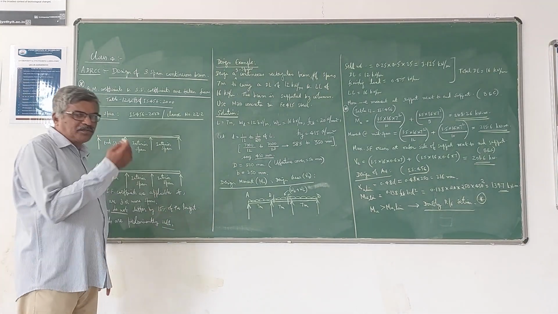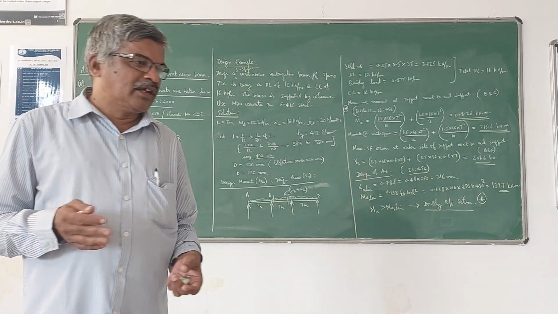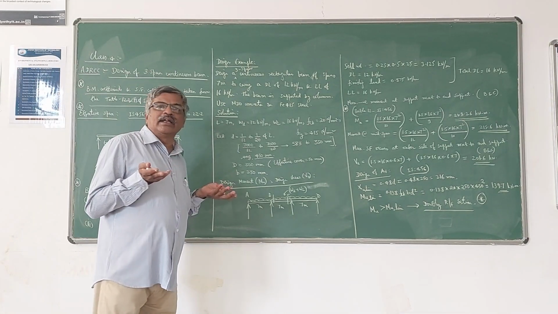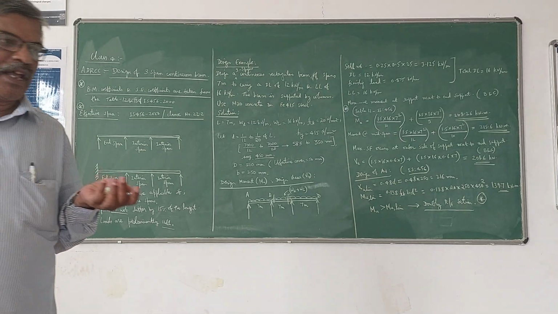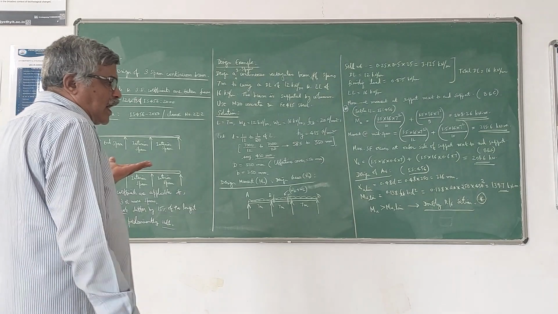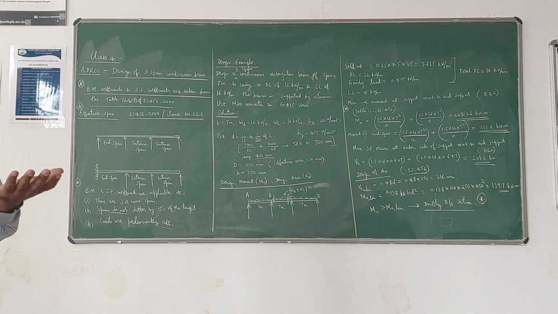Normally these coefficients are derived for uniformly distributed load cases. In the case of buildings, dead loads are UDL. Definitely the dead loads of the beams or slabs, whatever it is, are all UDL, and we are going to treat them as UDL. Live loads are also normally taken as UDL on beams.